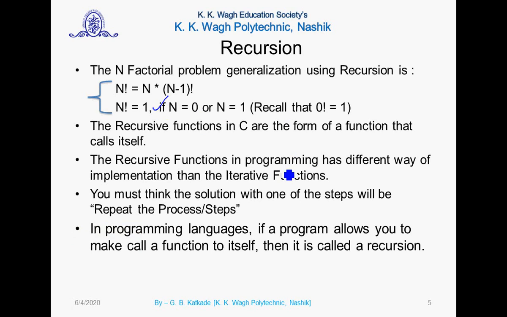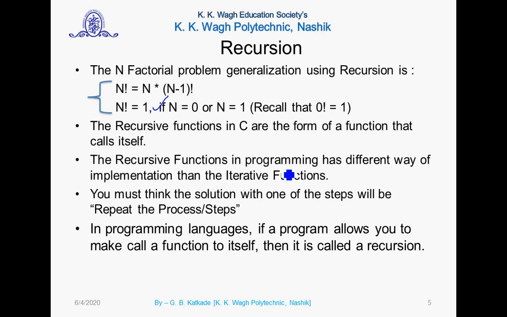Recursive functions, when you use them in C, have a form in which the function calls itself. In a normal iterative function, the statements are executed in a continuous sequence, but in a recursive function the function will call itself. This is another different property of the recursive function.